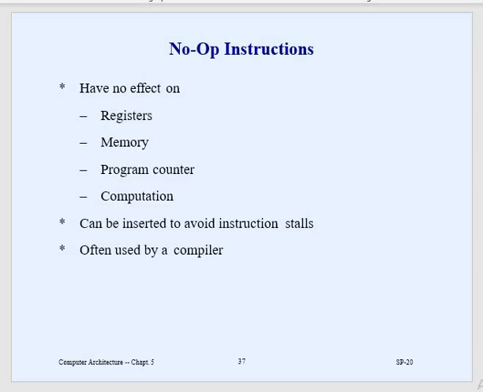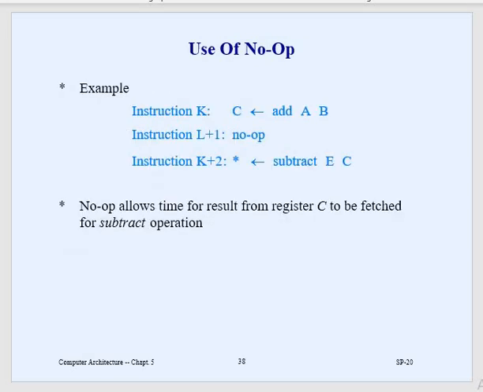It is often used by a compiler. Whenever the compiler feels that a stall might come, it will slow down the program's speed by itself, introducing no op instructions in the code, so that it might minimize the stall. So the compiler does this automatically, and we don't need to do it. So this is to document the stall.